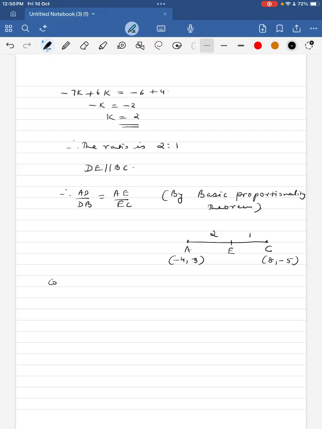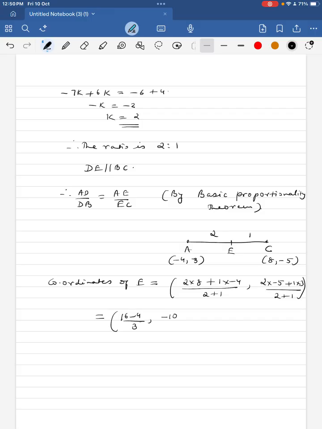Okay, so let me apply section formula to find the coordinates of E. Coordinates of E will be equal to 2 times 8 plus 1 times -4 divided by 2 plus 1, comma 2 times -5 plus 1 times 3 divided by 2 plus 1. Okay, so that gives me 16 minus 4 by 3, comma minus 10 plus 3 by 3. So that's equal to 12 by 3, comma minus 7 by 3, which is 4, comma -7 by 3.